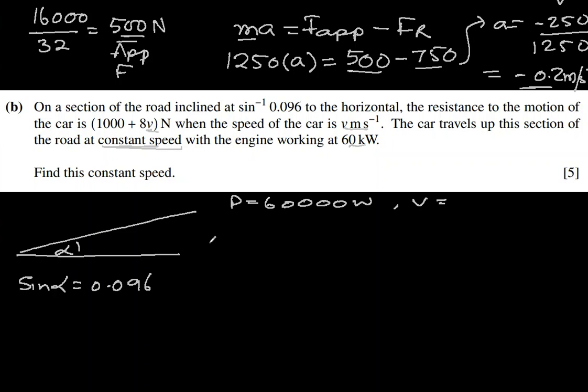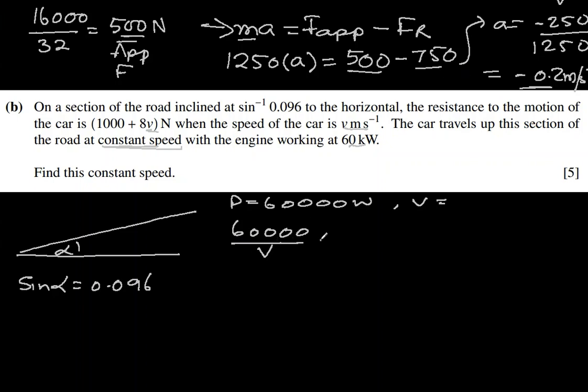All right. So we will use again the same formula we used in the previous part. Ma equals applied force minus resistive force. Applied force will be the power, 60,000, divided by the constant speed, right?